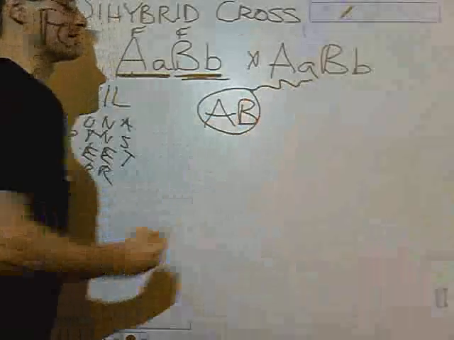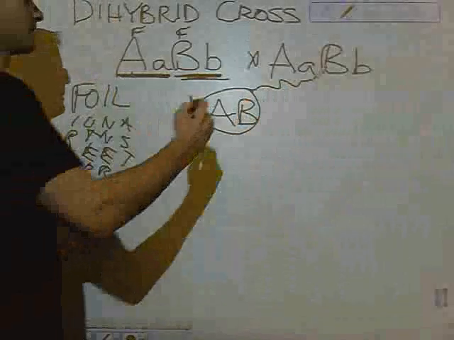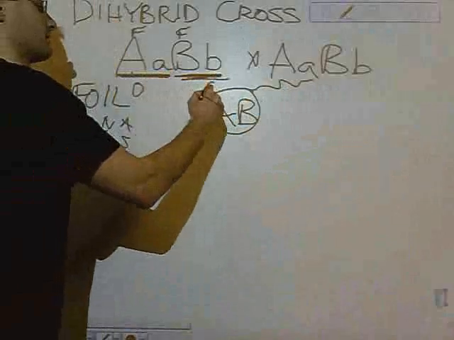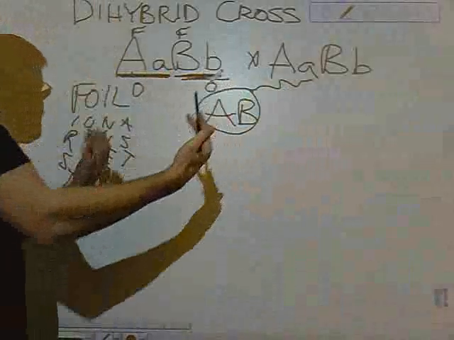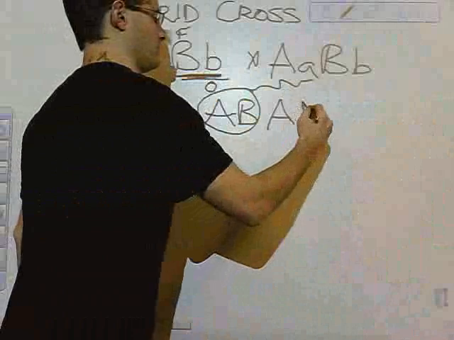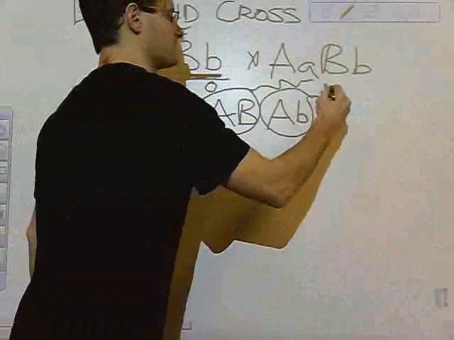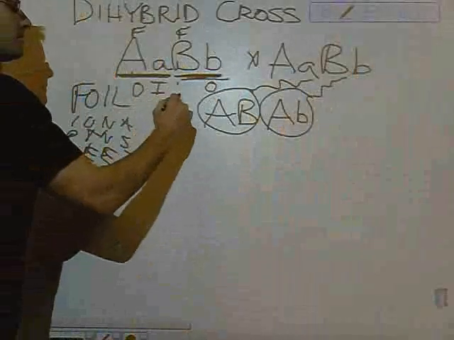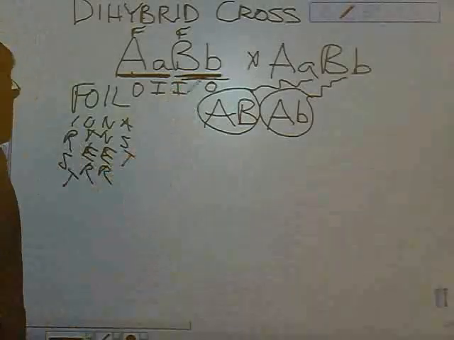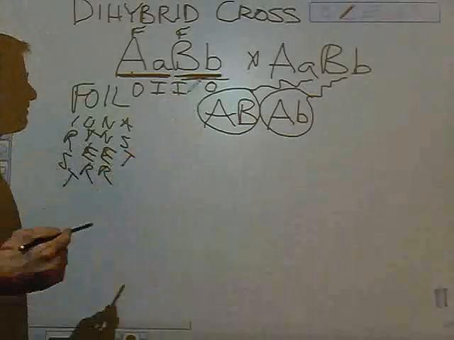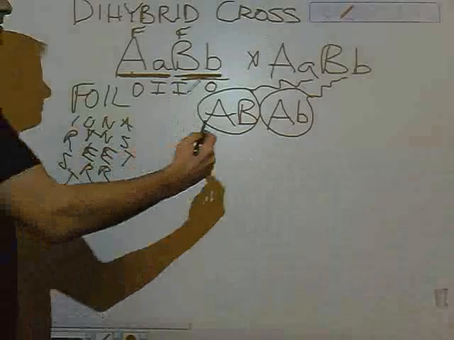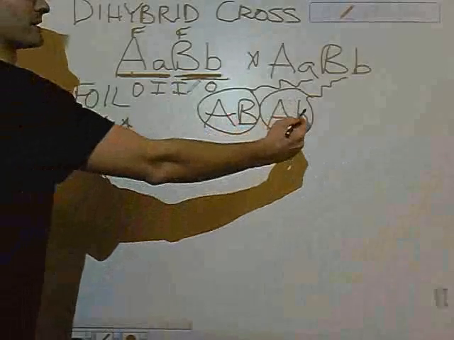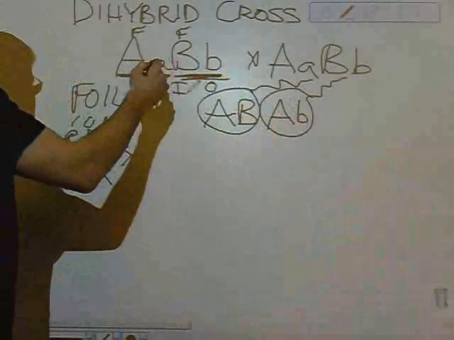And again, literally making gametes. Okay? Our outers are right here, the very outermost letters. There's our second gamete. Our inners are right here. And here's the tricky part. We always write capital before lowercase, but that was when we only had two different letters.